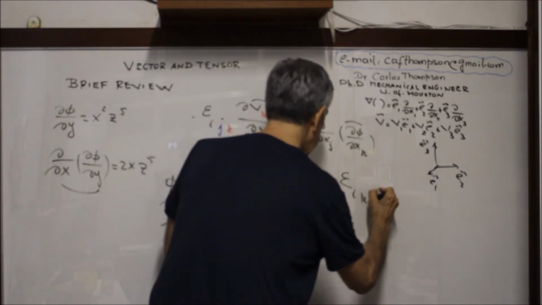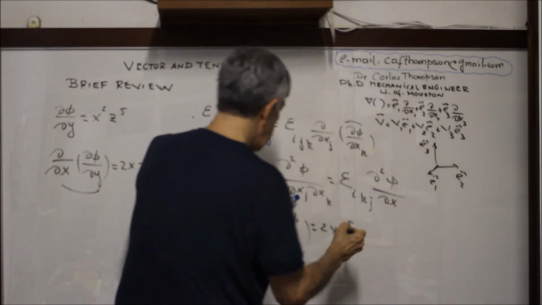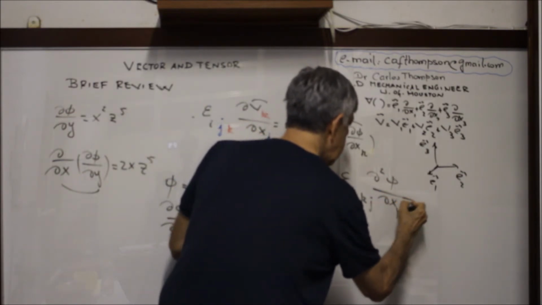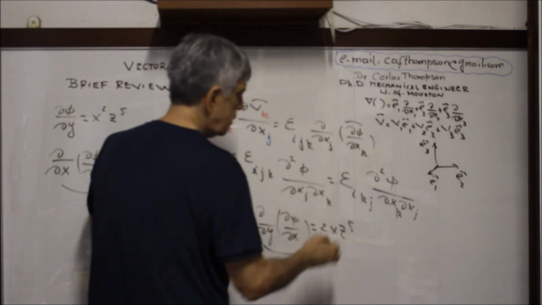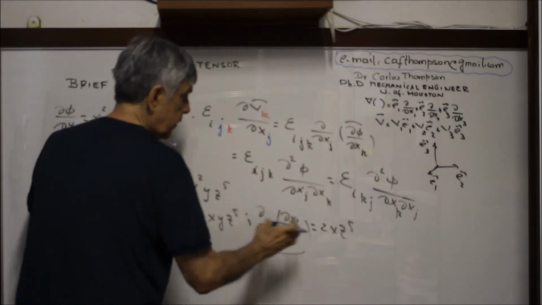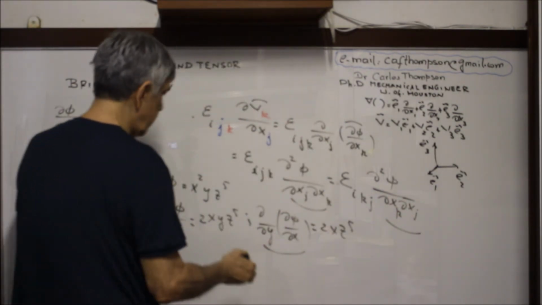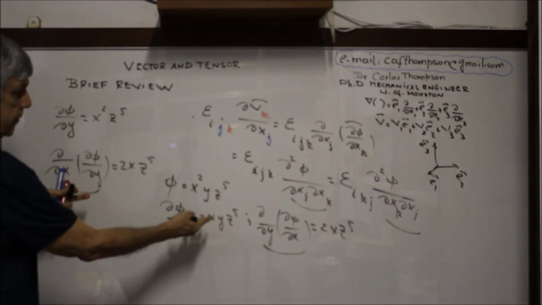So this is partial of phi with respect to xk, with respect to xj. This derivative here is the same as this one, like we did over here.